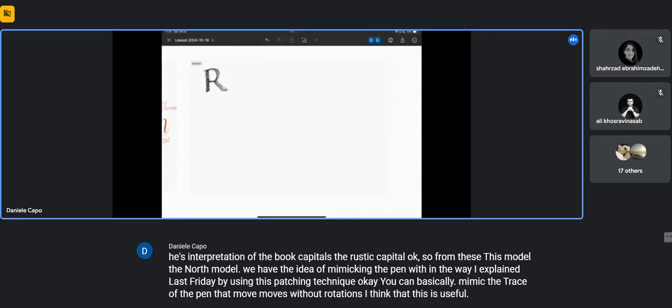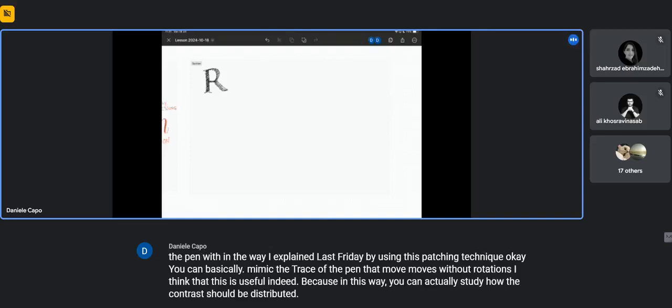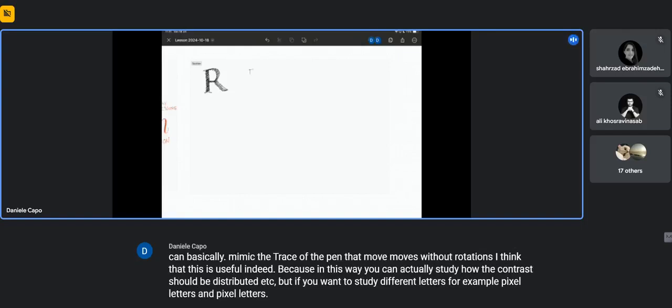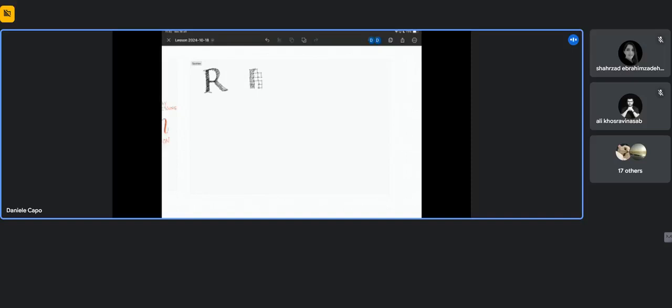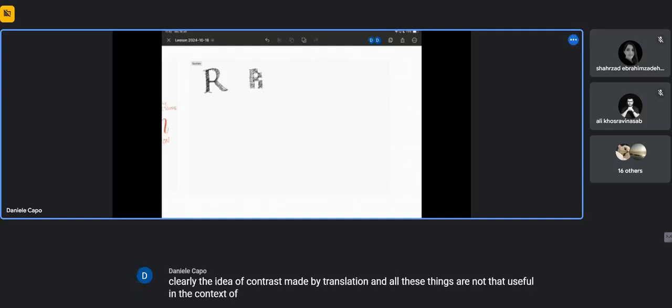I think that this is useful indeed, because in this way you can actually study how the contrast should be distributed, etc. But if you want to study different letters, for example, pixel letters, which are made with parts like pixels on screen, clearly the idea of contrast made by translation and all these things are not that useful in the context of pixel.